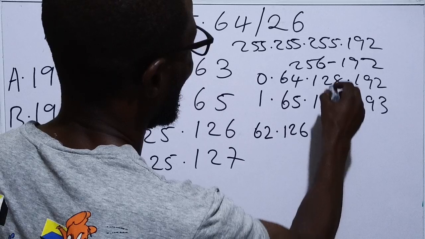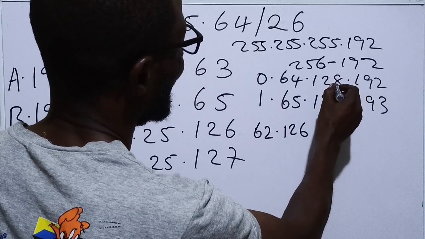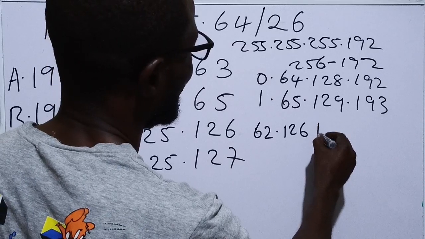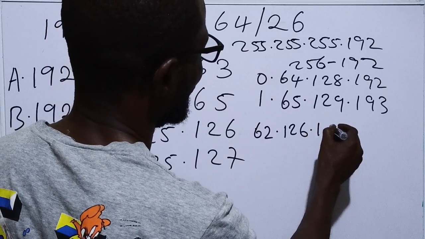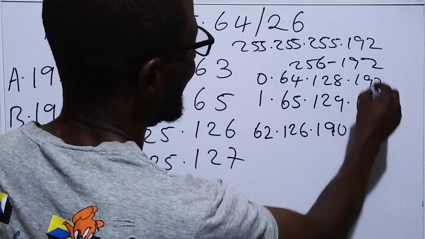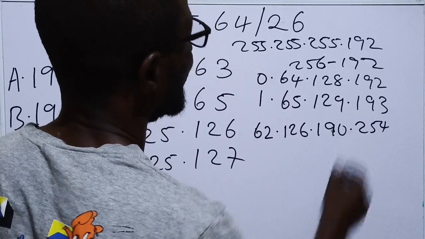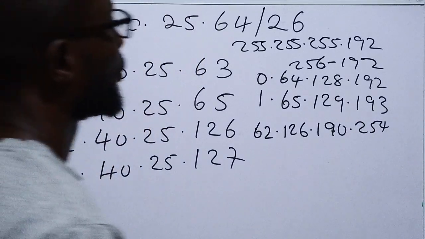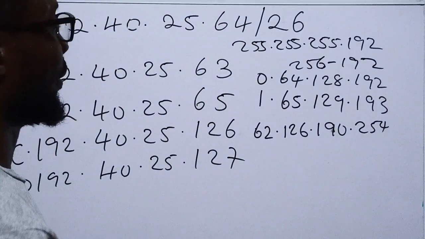And the last of this one here is what? 190. And here the last IP address is 254, I think. Is it 254? Because the last one is, okay, so that is it here.